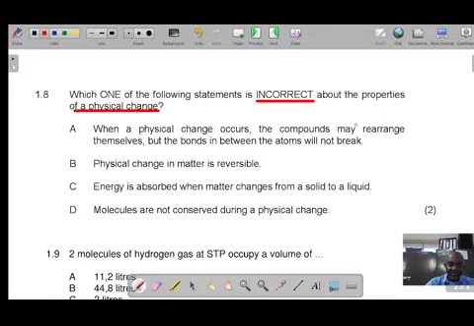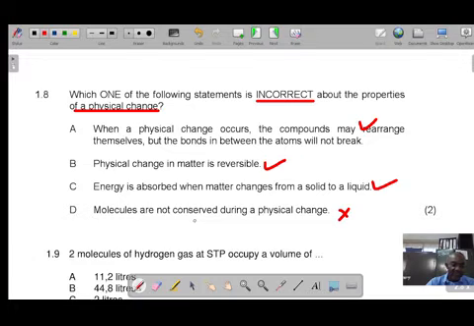And then physical change in matter is reversible. That's also correct. And then energy is absorbed when matter changes from a solid to a liquid. That's also very correct. And then molecules are not conserved during a physical change. That is incorrect, because we know that in a physical change, the molecules are conserved.